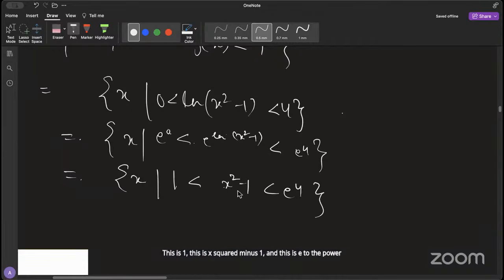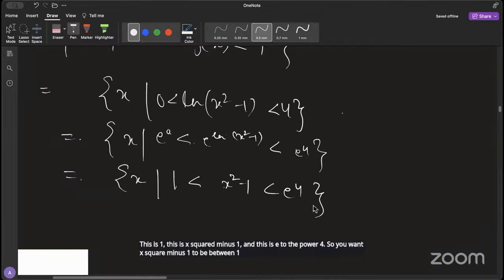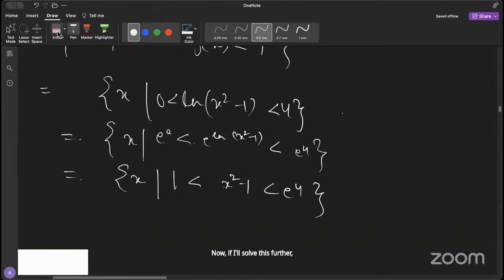So you want x square minus 1 to be between 1 and e to the power 4. Now, if I solve this further, I can add 1 on all these, 1 here, 1 here, and 1 here. So I'll get 2 here, x square here, and e to the power 4 plus 1 here, right?